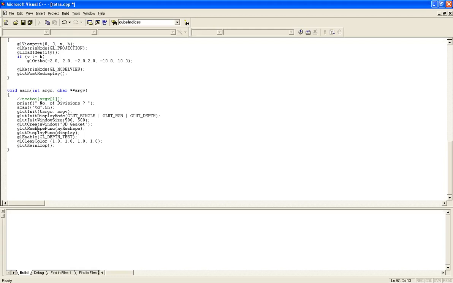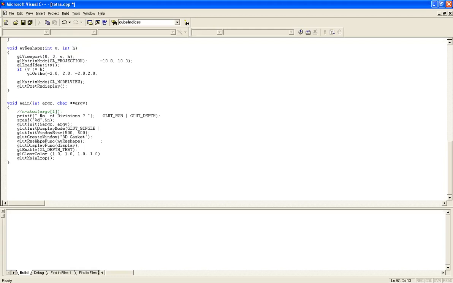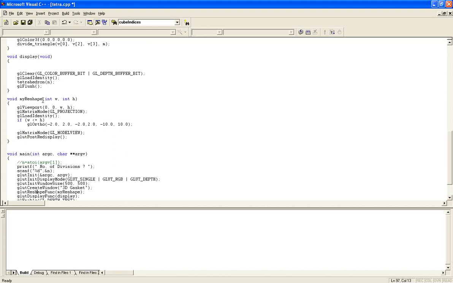In the reshape function there are some more functions. I'm passing width and height because I need to fit the given output into the clipping window, where I can view. If the output goes outside the clipping window, I cannot view it.